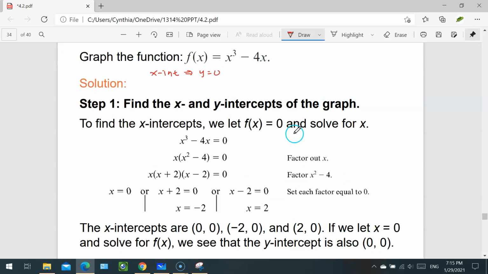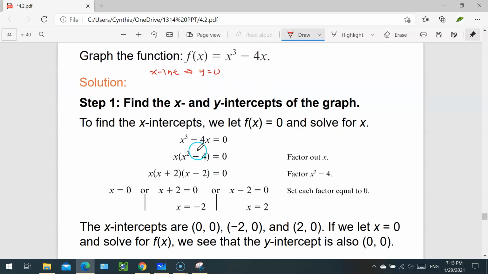So here on this slide, it shows us the x-intercept point. You let y equal 0. And then you take out the common factor. The common factor is x. So bring the x to the outside. The first term has x squared left, and the second term has a 4 left.